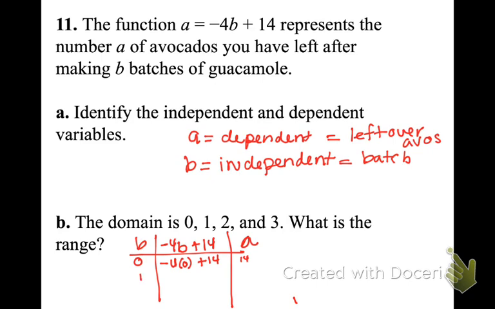Then I'm doing 1, negative 4 times 1 plus 14, it's going to be 10. 2, negative 4 times 2 plus 14, that's negative 8 plus 14 is 6. And then 3, negative 4 times 3 is negative 12 plus 14 equals 2.